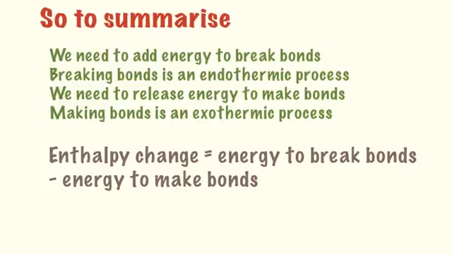We need to release energy to make bonds, so making bonds is an exothermic process. As we'd expect, making and breaking are opposites. So we can say that the enthalpy change, in other words, the change in energy involved in any particular reaction, equals the energy I need to break the bonds minus the energy I release making the bonds.